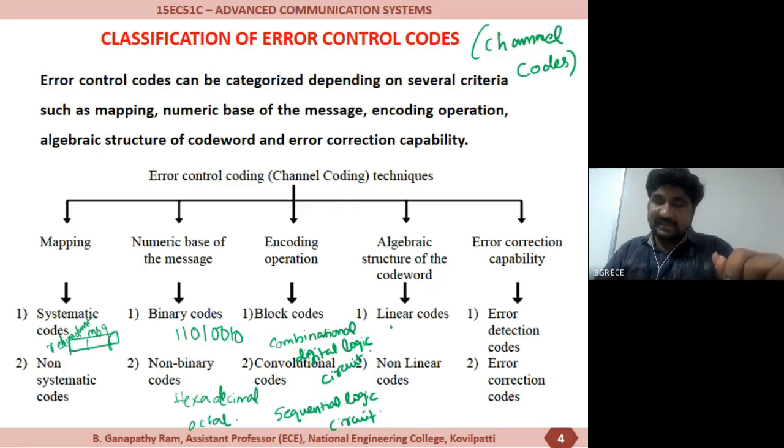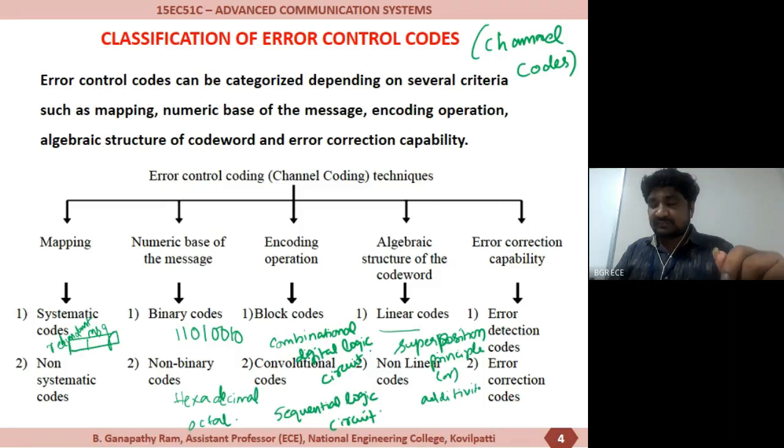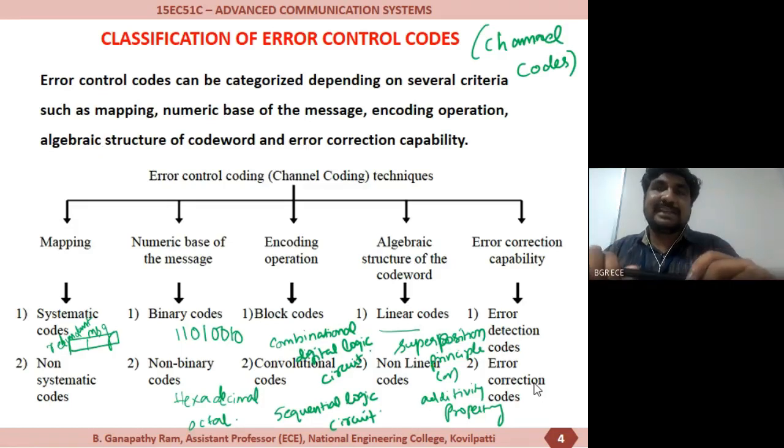Then it is called linear code, and it satisfies the superposition principle or additivity property. If it satisfies these two properties, then it is called linear code, or otherwise the code is called non-linear code.